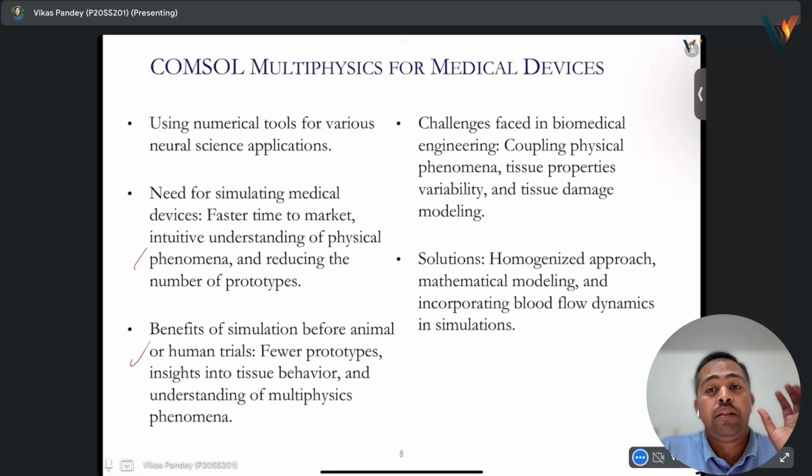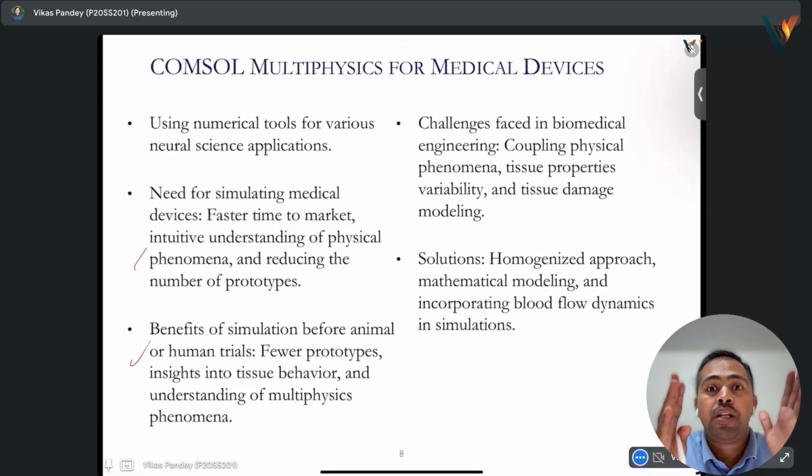So what is the present challenge in biomedical engineering? It is the tissue properties that we assume in physics or any other simulation, that we assume to be uniform.